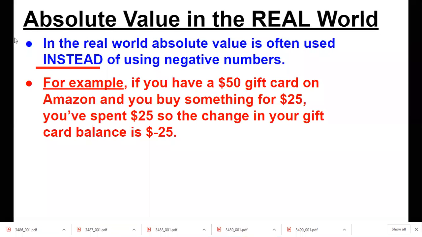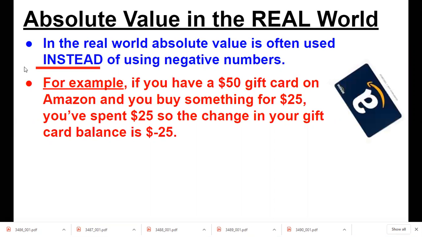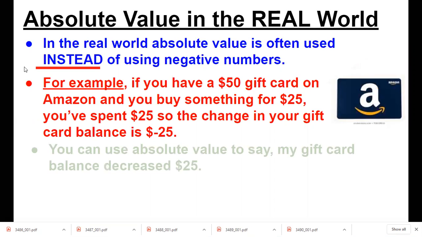For example, if you have a $50 gift card on Amazon and you buy something for $25, you've spent $25. So the change in your gift card balance is -$25, right? You've spent $25. There's your Amazon gift card there.